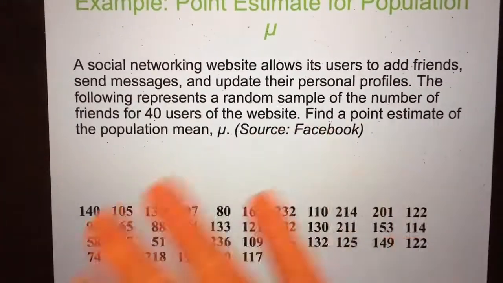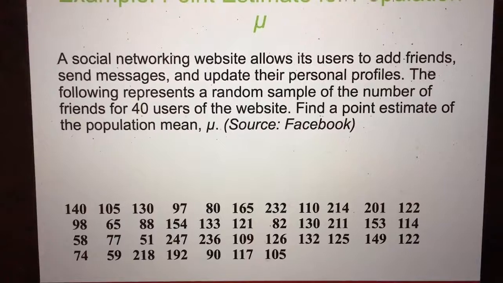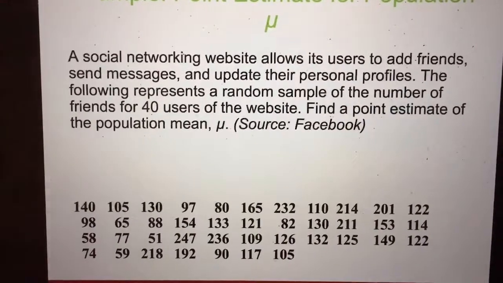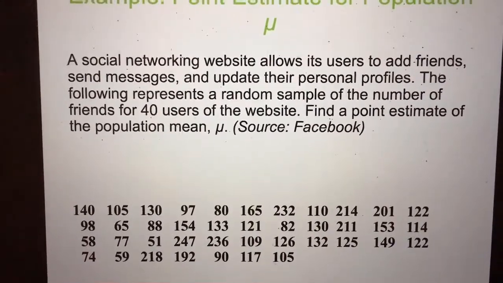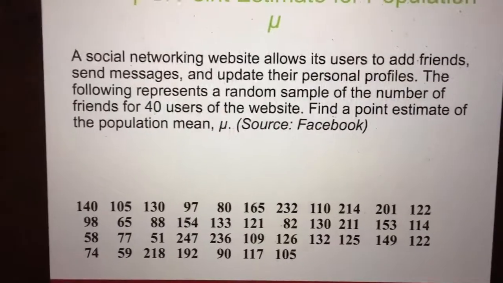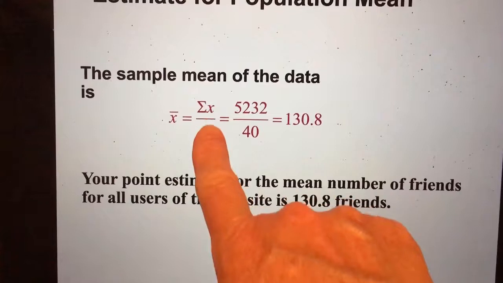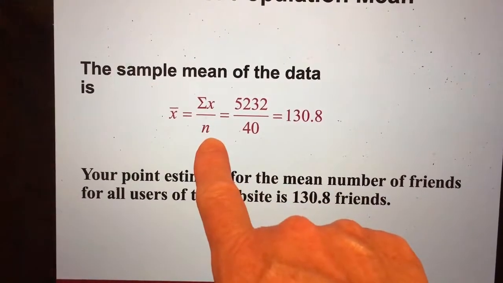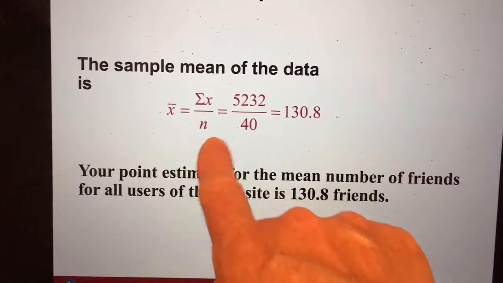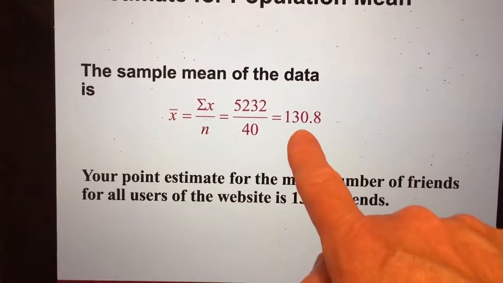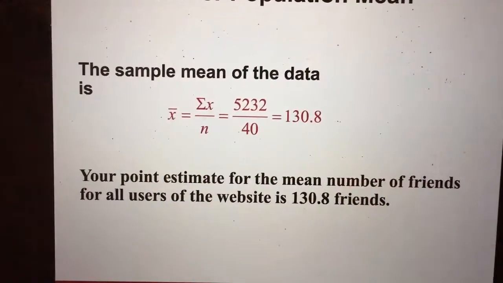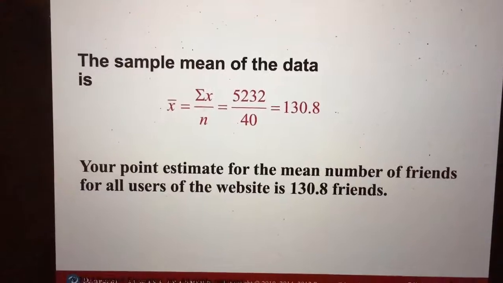So we enter all of these into the calculator, and remember how you do that is you go to stat edit, and then you're going to put them all in the list. Okay, so when you do that, you end up getting the sum of each one of those x's divided by the n, which was 40, and you get 130.8. You could have added them all up, or you could have stuck them in there. Doesn't matter.